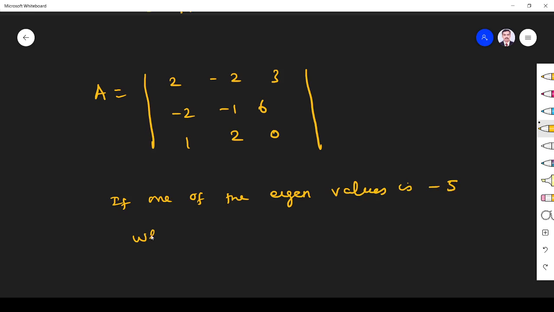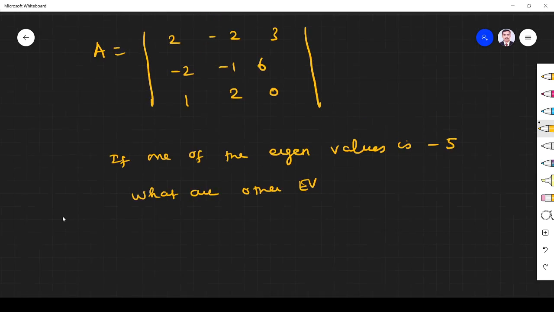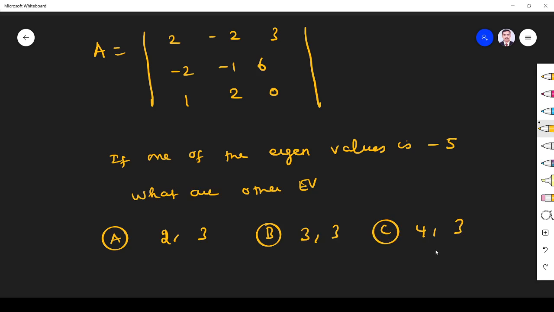What are the other eigenvalues? And they give the options like this: A, 2, 3; B, 3, 3; C, 4, 3; D, 5, 3.